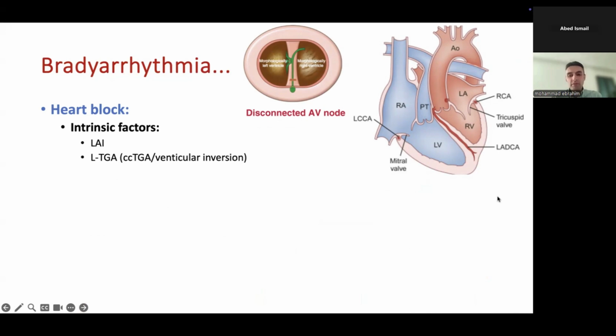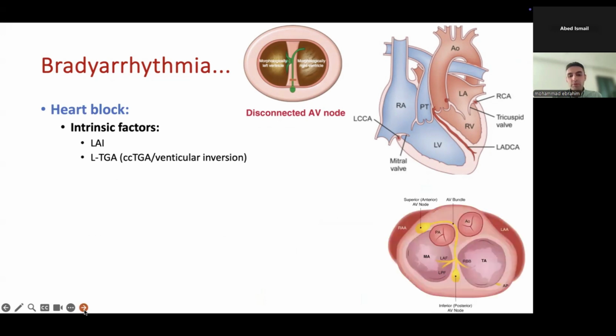The systemic vessels are in place. Because of the ventricular inversion, there is often a disconnected normal inferior AV node, but there is a supplementary AV node that is the predominant one, more superior and anterior in location, with a prolonged His bundle track, so that predisposes the patient to fibrosis and heart block.